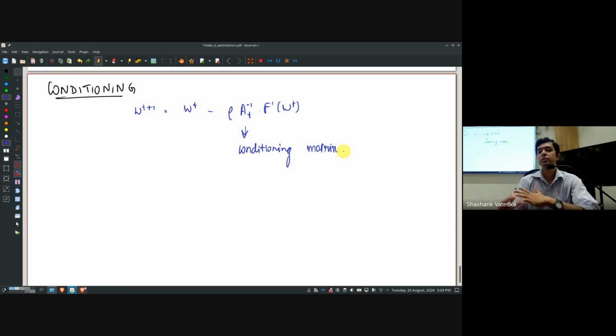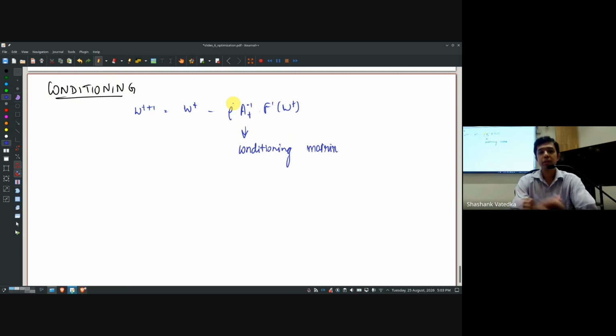The main motivation for using backpropagation instead of numerical differentiation was that numerical differentiation had computational complexity order d squared, whereas backpropagation only takes computation time order d. So we really don't want to go beyond order d. What structure on matrix A_t would give you inversion time which is linear in d?